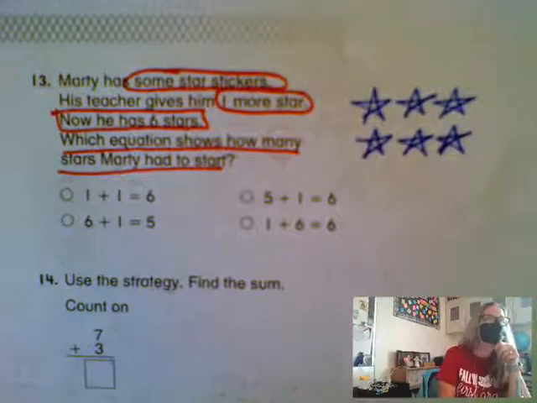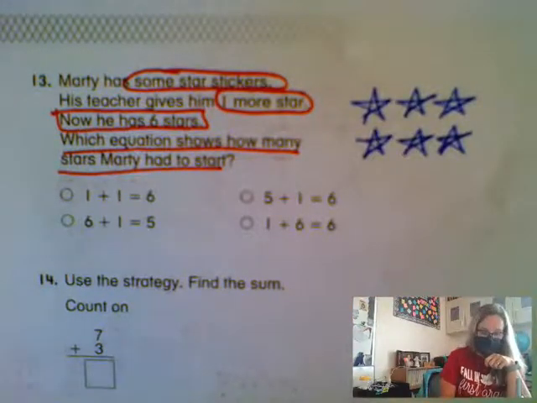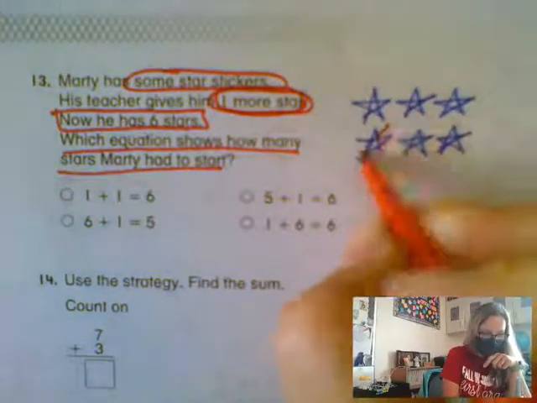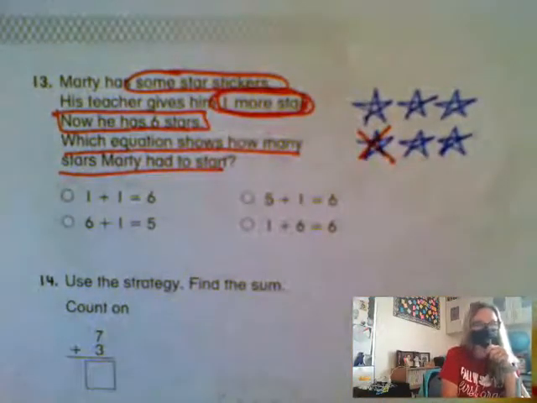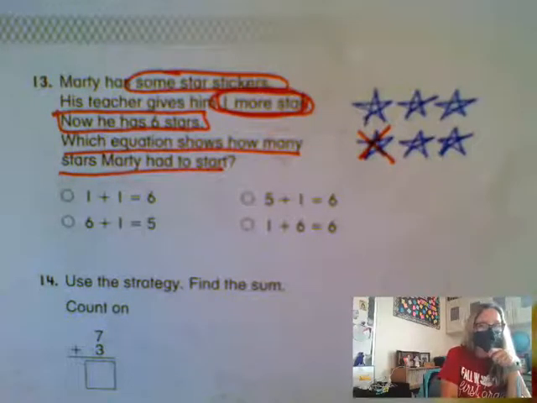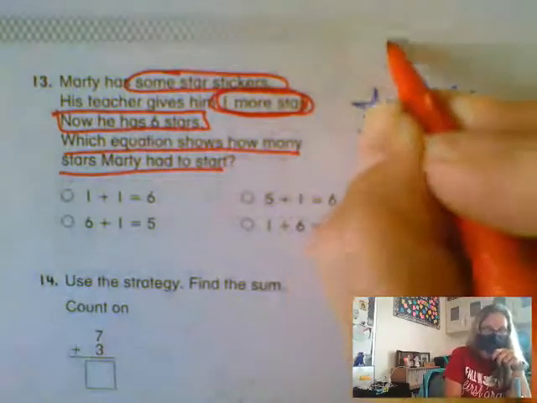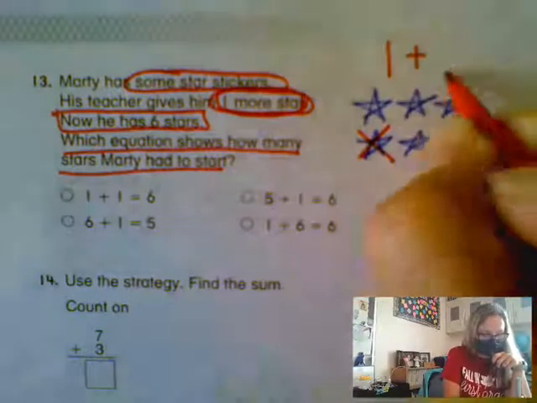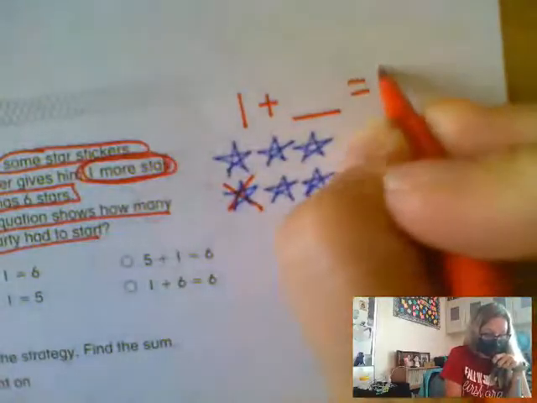We don't know how many he started with, but we know his teacher gave him 1. So we can cross off 1. That means 1 sticker that the teacher gave him plus some number that we don't know equals 6 stickers altogether.